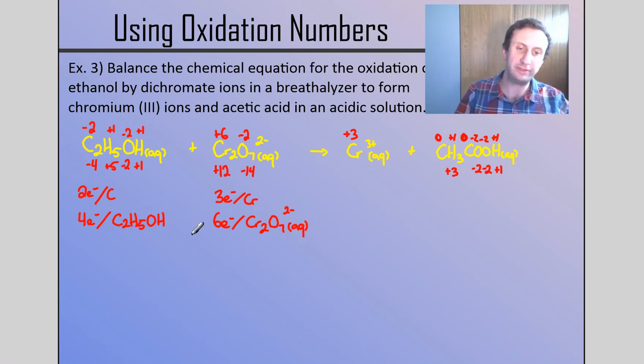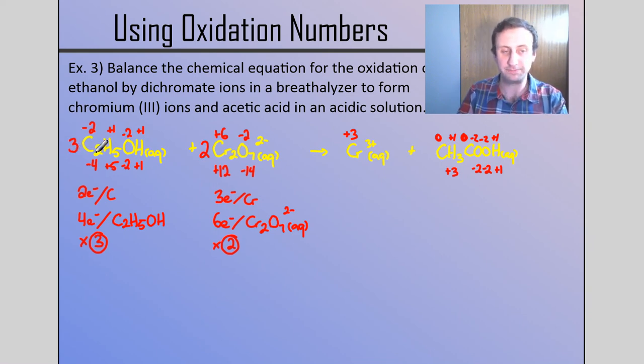So I look at 4 and 6 and think, where do they meet up? They meet up at 12. So I need 3 of these and 2 of these to get to 12 electrons. That locks in this coefficient as a 2 and this coefficient as a 3.